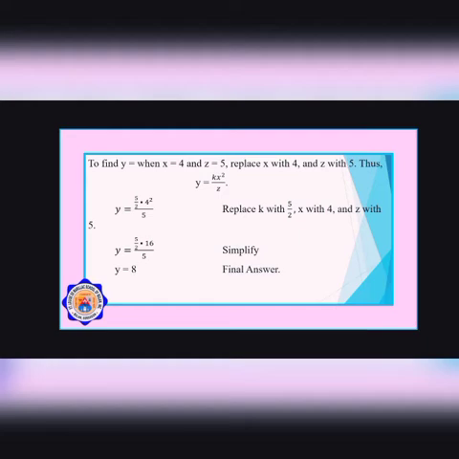So, replace k with 5 over 2 and x with 4 and z with 5. So, ang 5 over 2 natin is nanggaling sa values ng k, yung nakuha natin kanina. Then, ang 4 is the given value of x. Then, the 5 is the given value for z.